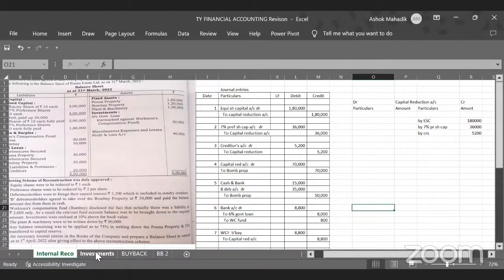Next, explain meaning and types of whistleblowing. Number two, explain laws and ethics.